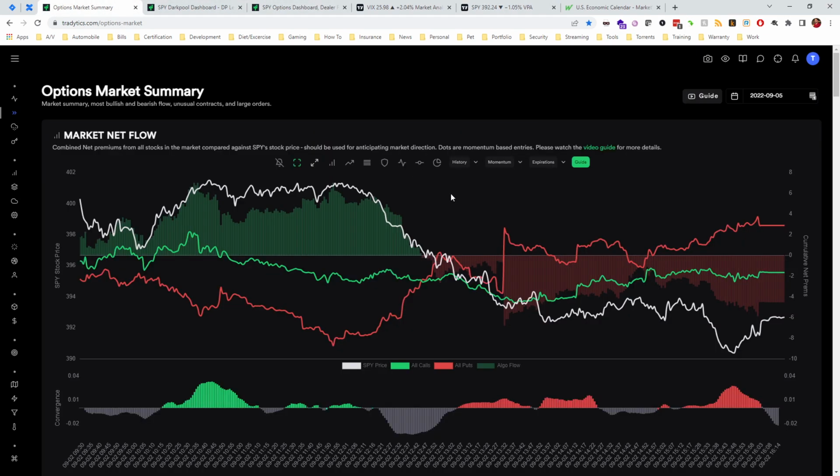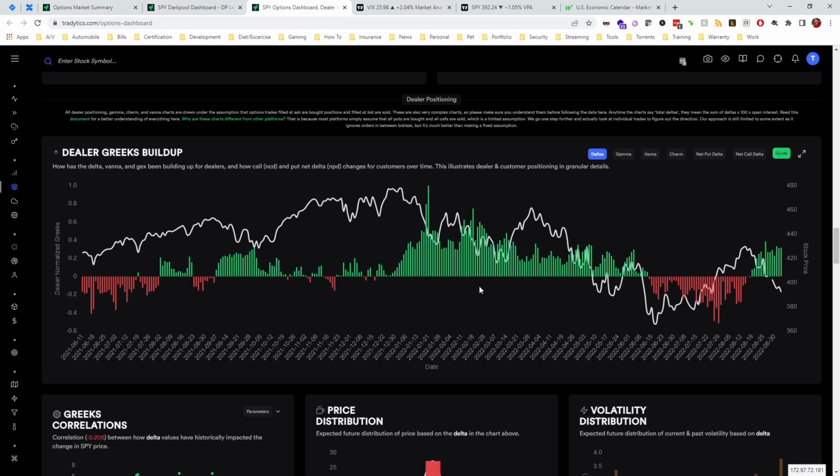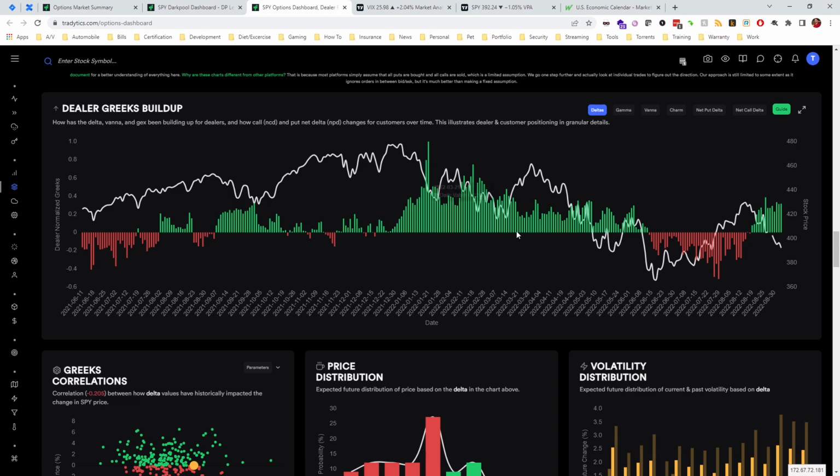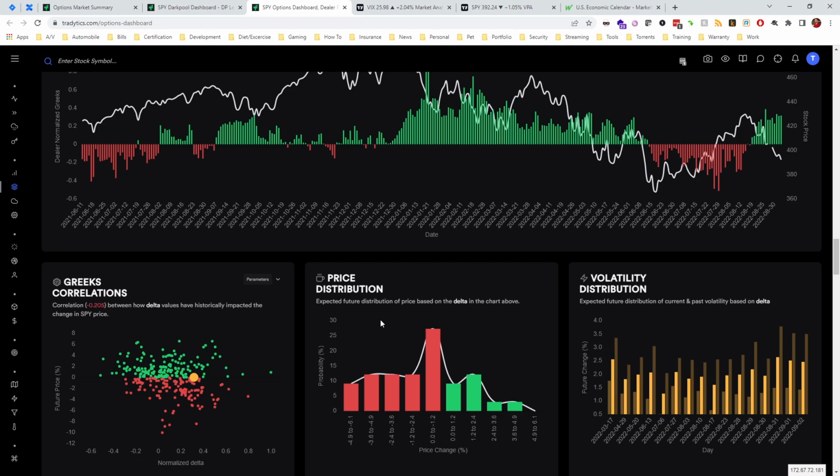So when you think about this dealer dashboard, and you're looking at the price distributions and the price movements that it's expecting based on the best correlations, and you pair that with market news and economic events that are coming up, it's pretty astonishing how accurate this typically has been in the time that I've used it.